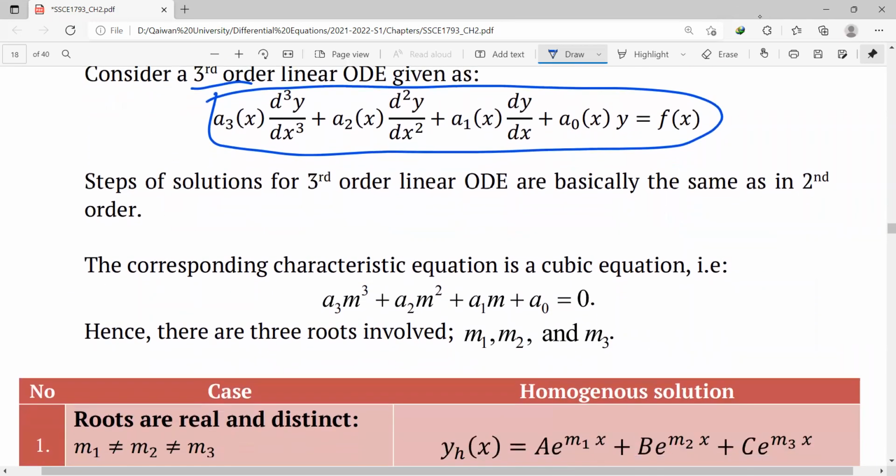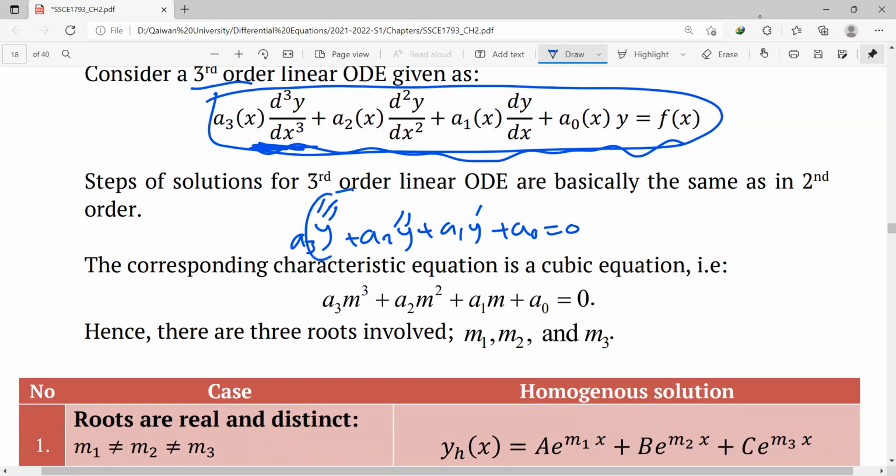For the characteristic equation of the third order linear differential equation, we have a3 y triple prime plus a2 y double prime plus a1 y prime plus a0 y equals 0.